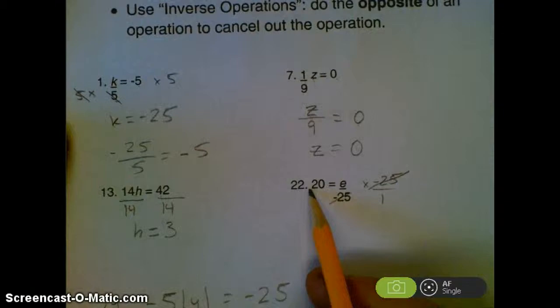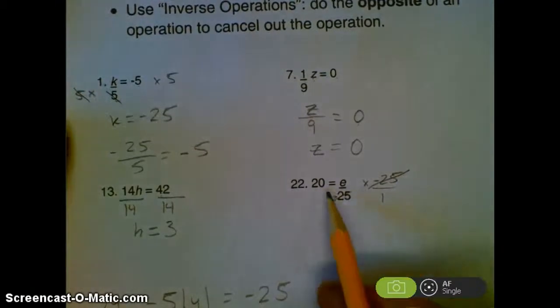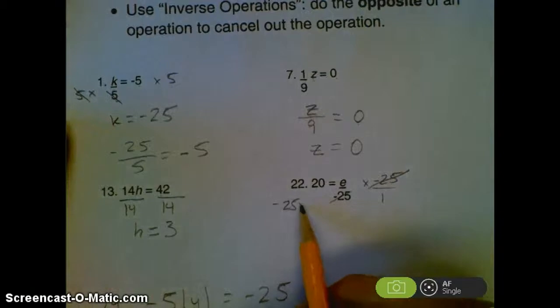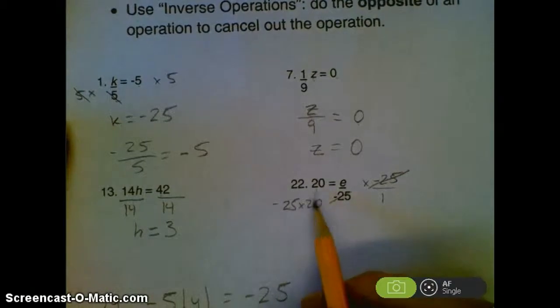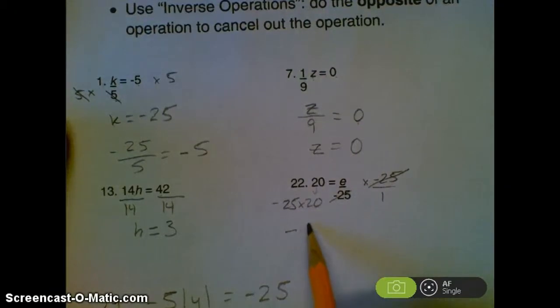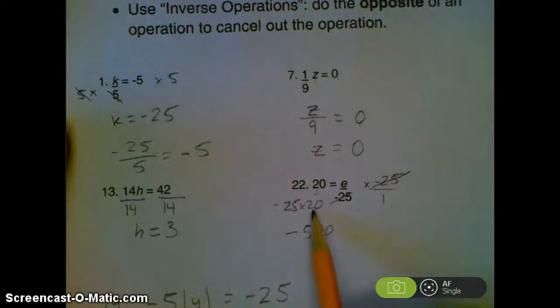And since I multiplied one side by negative 25, I need to multiply the other side by negative 25 times 20. I'm just moving that down. Negative 25 times 20 is negative, let's see, 20 times 20 is 400, and 20 times 5 is 100, so it's negative 500. Since I'm multiplying a positive and a negative, I get a negative sign. So negative 500 equals e.